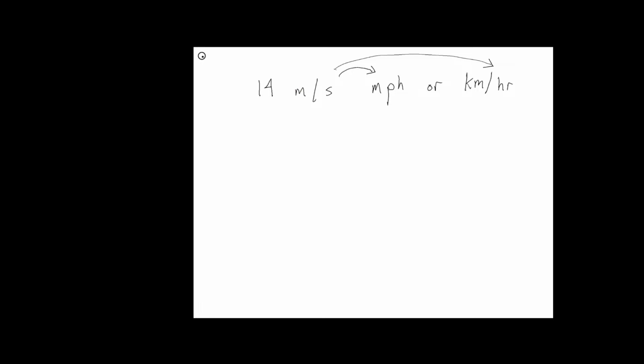First, it's pretty easy to turn meters into kilometers. 14 meters over seconds. Well, we can multiply that by 1 kilometer over 1,000 meters. Now when we multiply all these out, these are going to cancel like in fractions.